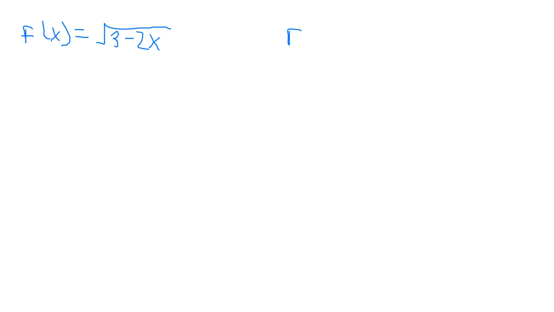So if we use an f and a g, our f is the outer function, square root of x, and then our f prime would be 1 over 2 square root of x.